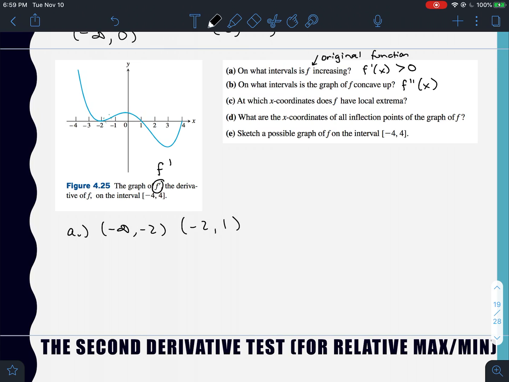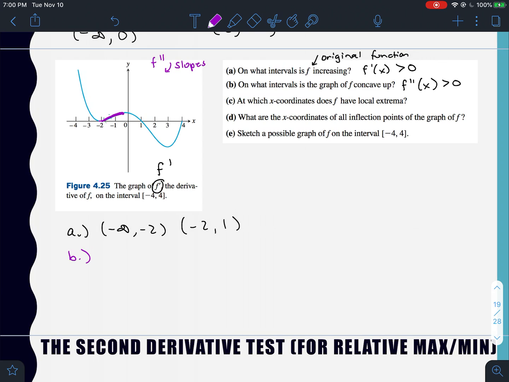All right. When is the original function concave up? Well, the original function is going to be concave up when the second derivative is positive. What's the relationship between the first derivative and the second derivative? Well, f double prime gives the slopes of this graph. So where are the slopes of the tangent lines positive? Well, they'd be positive where the function is increasing.